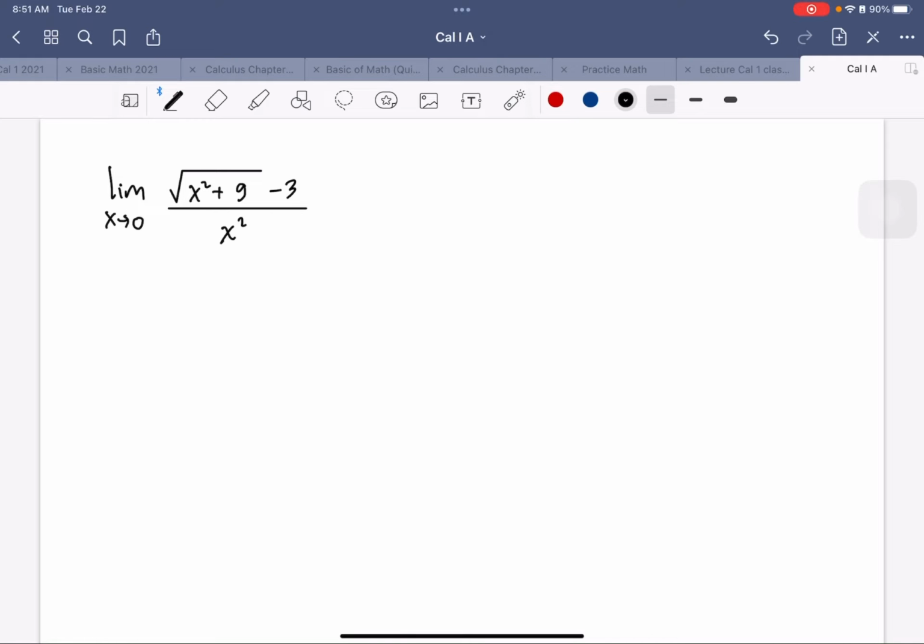Of course, when we look at this limit and try to put in 0, it results in 0 over 0. Again, it's our indeterminate form. Before we conclude with the L'Hopital rule, we may have several methods to try.